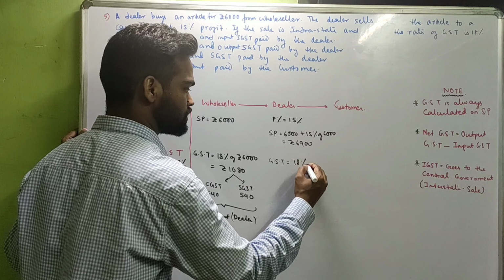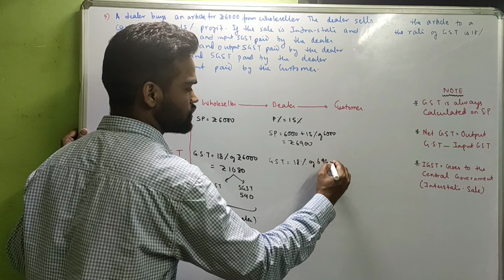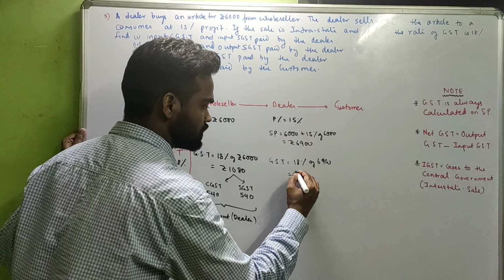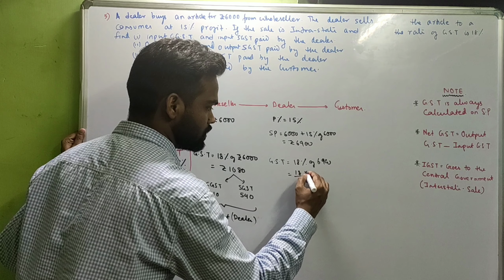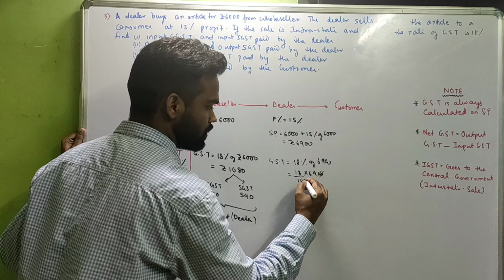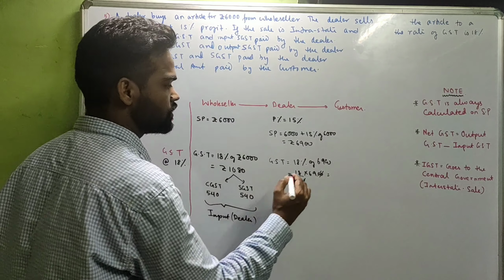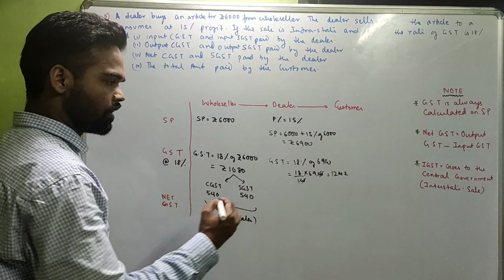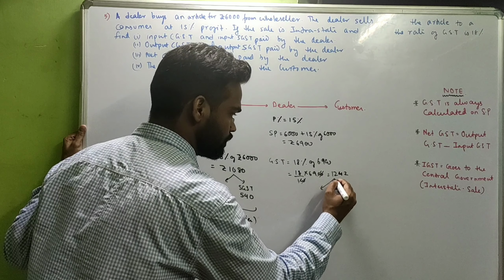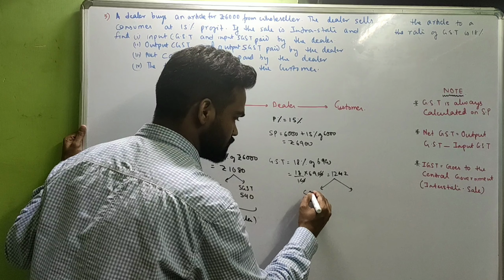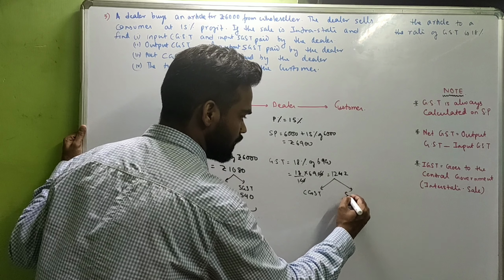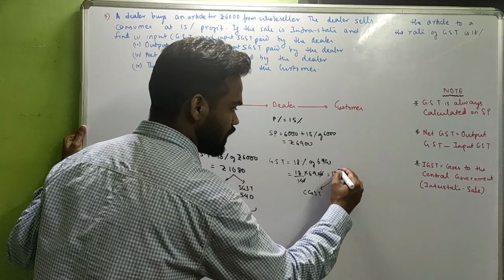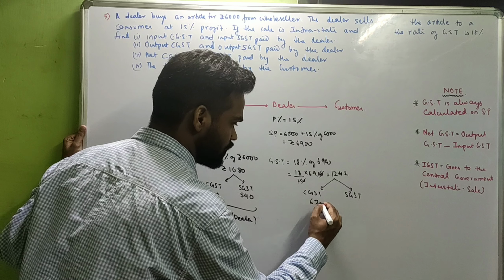So this will be 18% of 6900, which is 18 by 100 into 6900. So 18 into 69 will be 1242. Again, this will be divided into two parts, CGST and SGST. Half of this is 621.